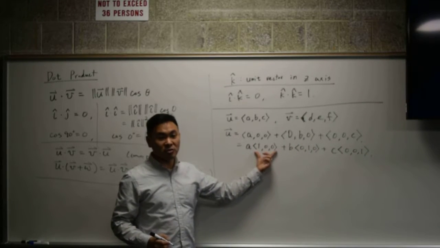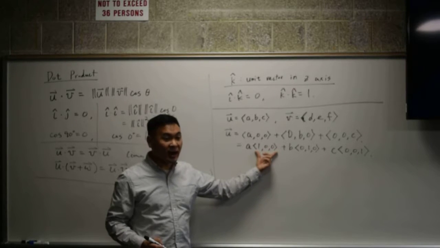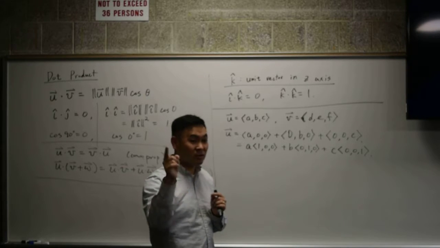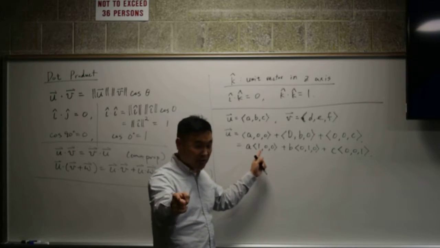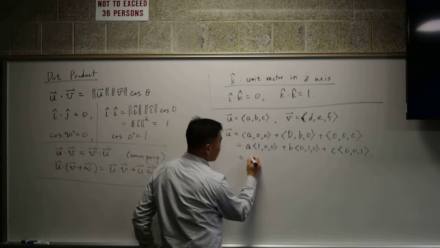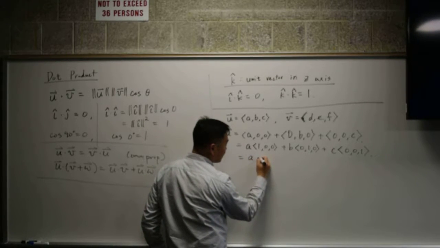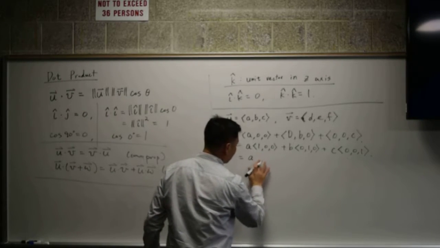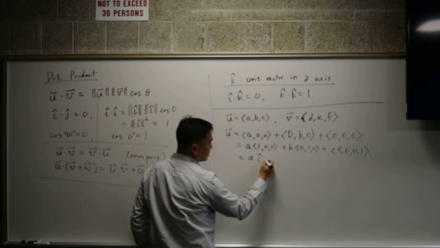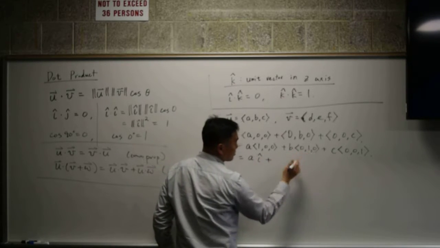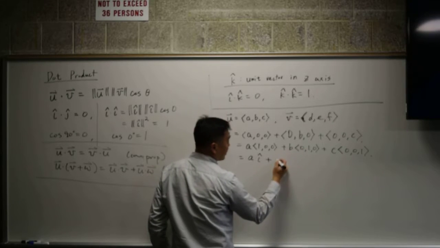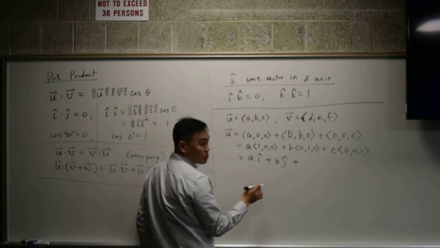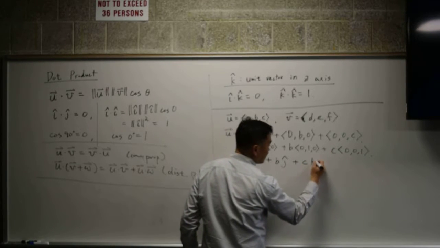What is this vector (1, 0, 0)? It's i, because it's only going one step towards the x-axis, right? So that is the unit vector in the x direction. So you can rewrite this as ai plus, how about this one? j. So it would be bj, and then the third one will be ck.